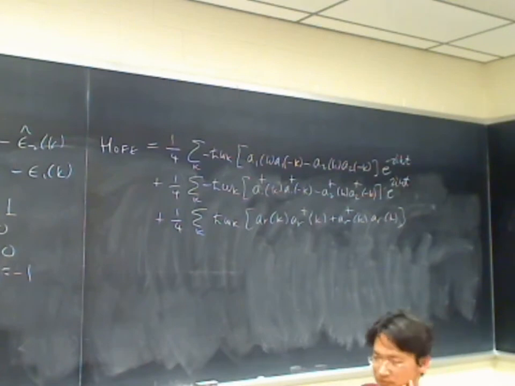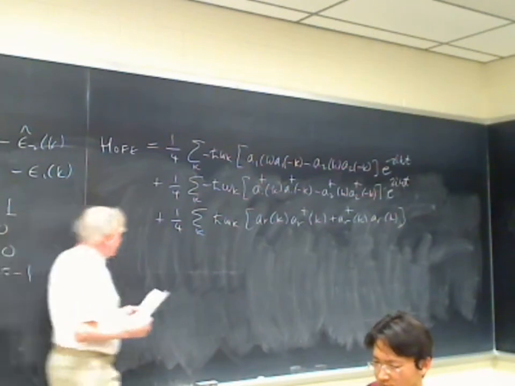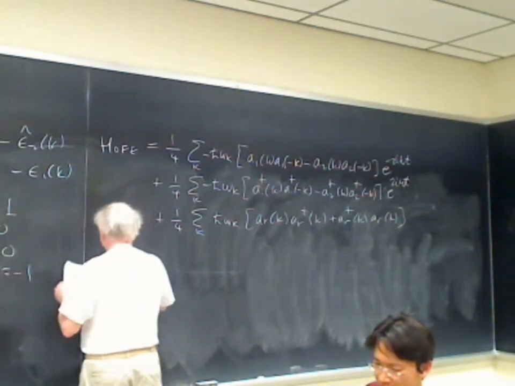Now, for the magnetic field energy, we need to compute what the dot products are of all of these k cross epsilons dotted into minus k cross epsilon of minus k. And so we first work them out.